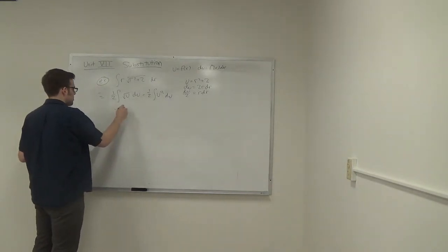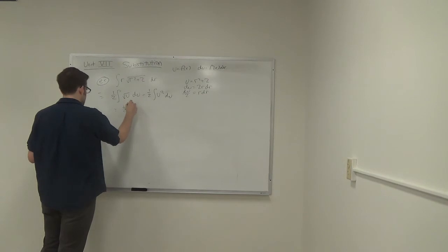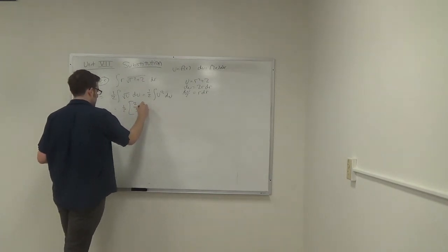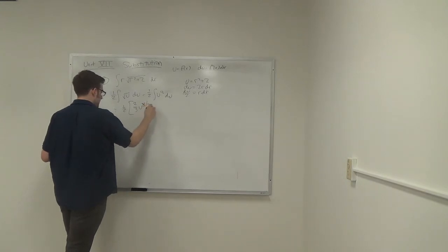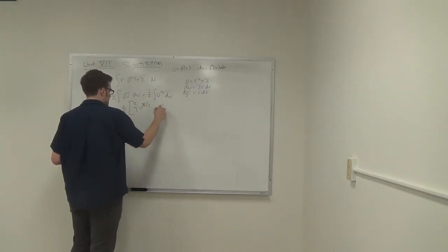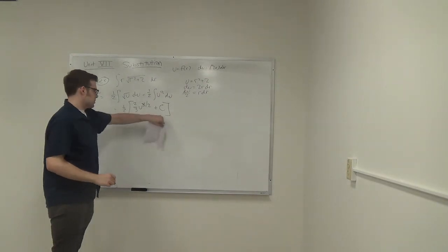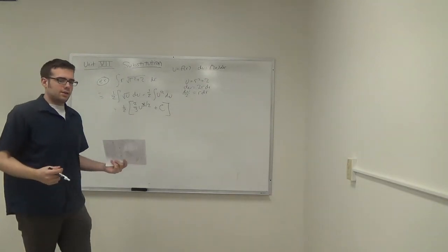And that gives us 1/2 times 2/3 u to the 3/2 plus c. And we can just absorb 1/2 into the constant.